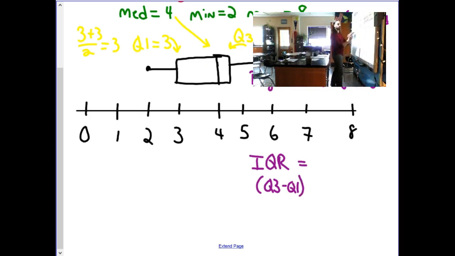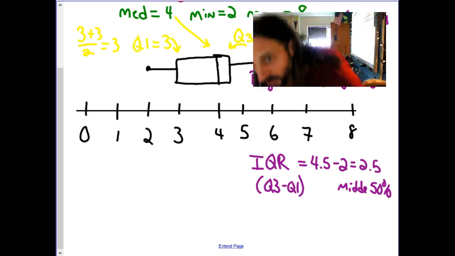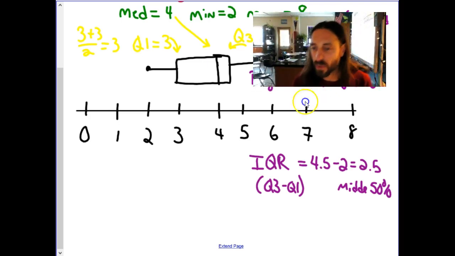That would be 4.5 minus 2, and that's 2.5. And that's the middle 50%. So half of my data values fall between 4.5 and 2.